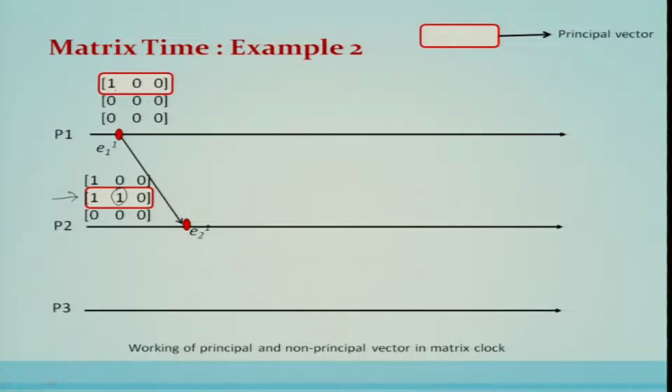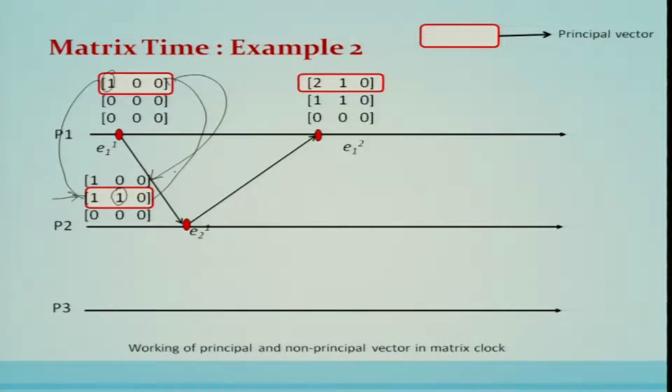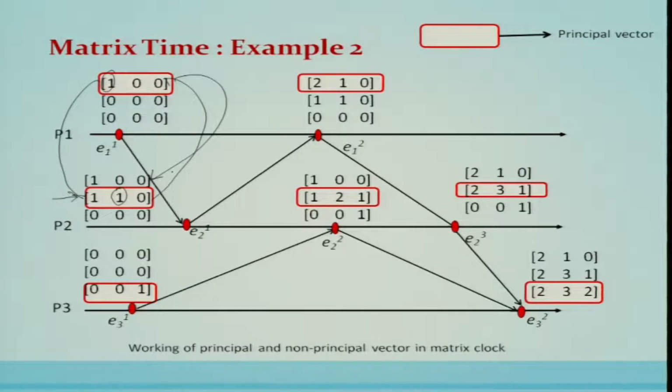So vector time means the time of 1 will be updated over here, and 0 means it has not seen any event from P3, and this will be copied over here. As far as the third updation, that is the matrix clock, it is copying the vectors of other processes of which P2 will have the knowledge. Similarly, you can see the other interactions.